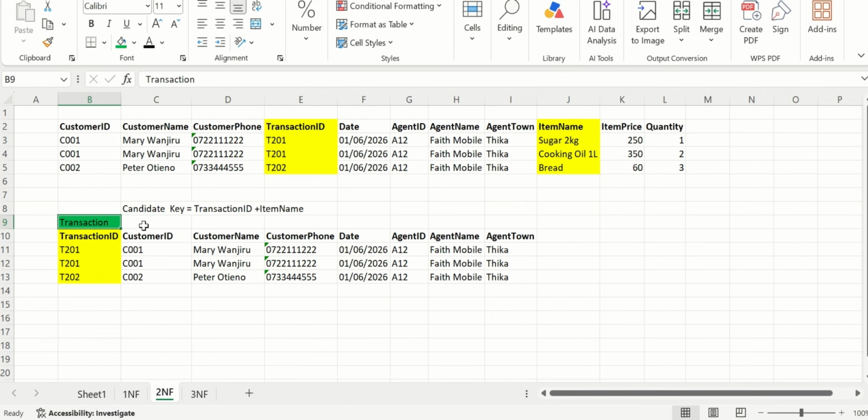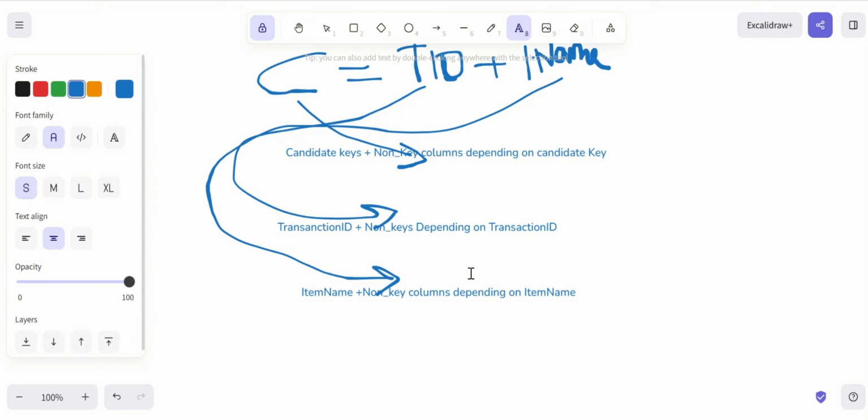So transaction, and then we are done with this one.